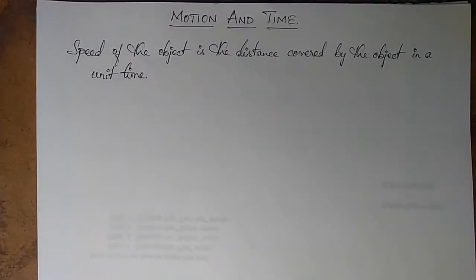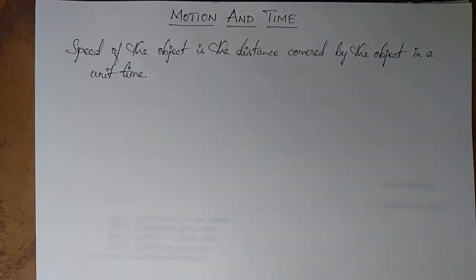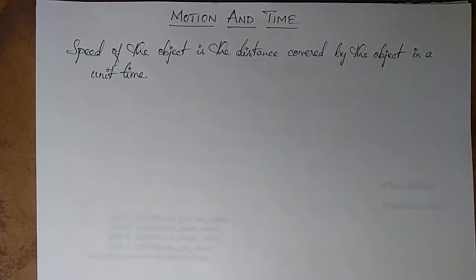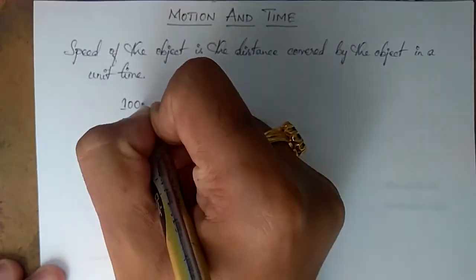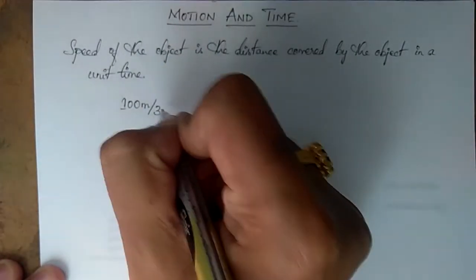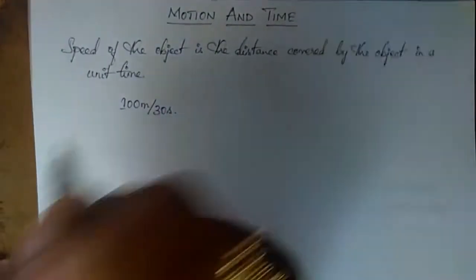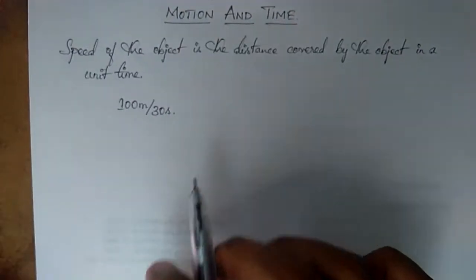Speed of the object is defined as the distance covered by the object in a unit time. In the earlier example, I had mentioned that the winner moved with the speed of 100 meters per 30 seconds. This was the speed of the winner.